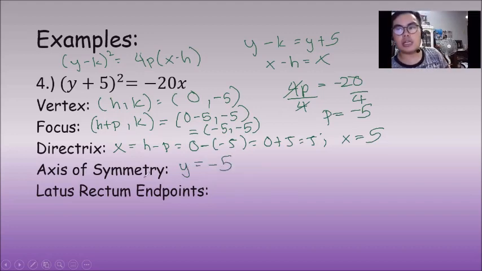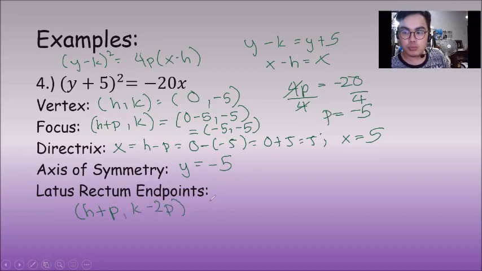In order to get the latus rectum, we are going to find the endpoints. So we're going to retain the x-coordinates of the focus, subtract k with 2p, and on the other pair, we're going to add k with 2p.